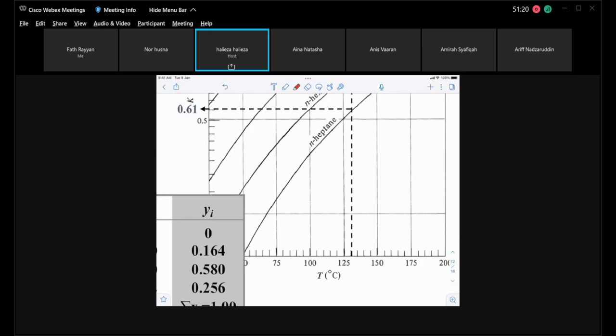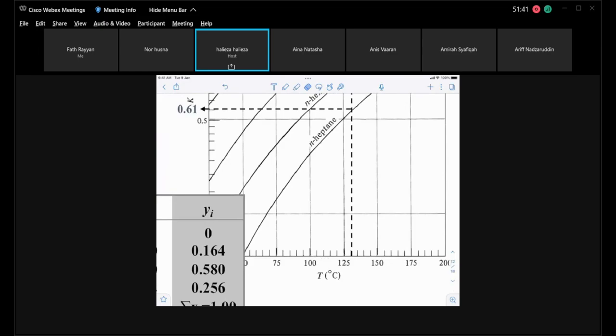Let's look at the scale of our graph here. That's 125, 130. So this interval, if you look at here, okay, that interval is 110, 120, 130, sorry, I got it wrong.